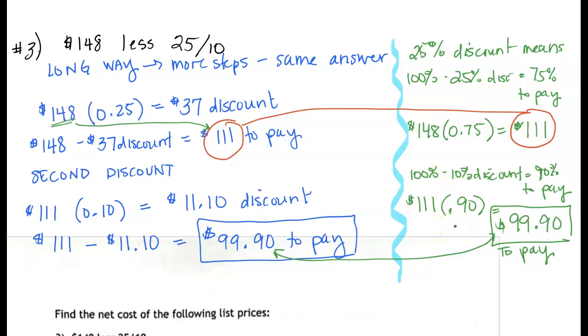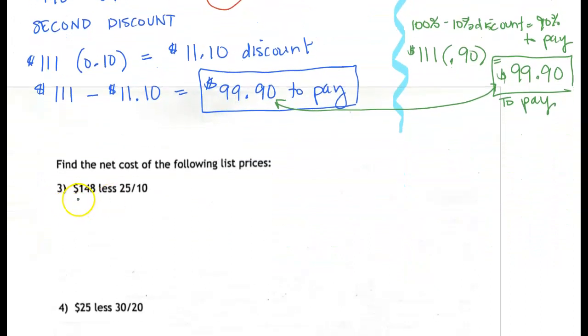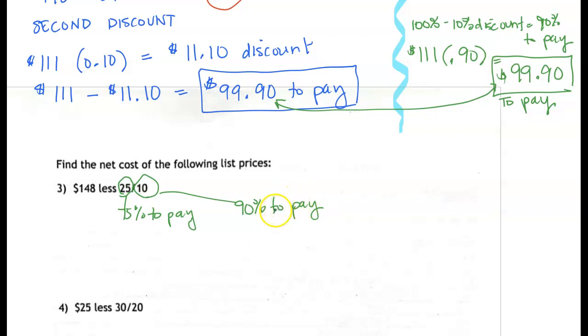But watch what we can do, and I'm going to scroll down here, same question, $148, and we're going to use the 25% discount, means 75% to pay. The 10% discount means 90% to pay. And we're going to do all of this work in one step. I'm going to take the $148 and multiply by the decimal equivalents of each of our percentages to pay. 0.75, and then over here we're going to get 0.90.